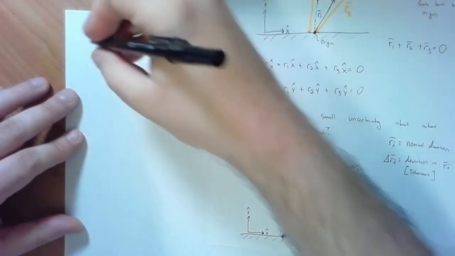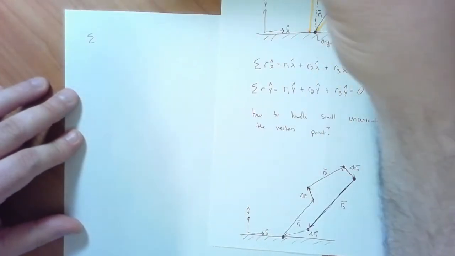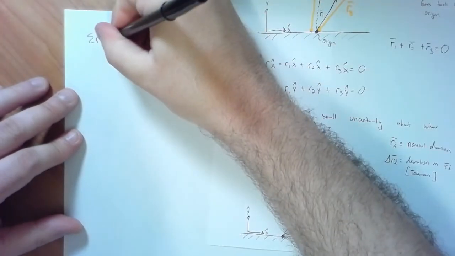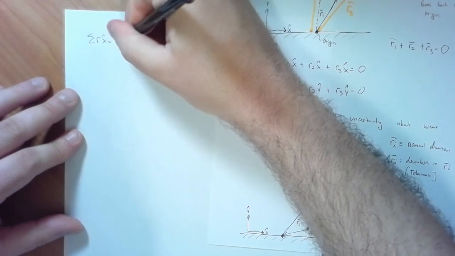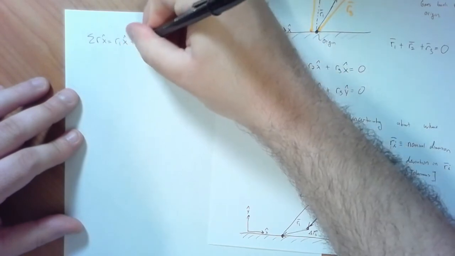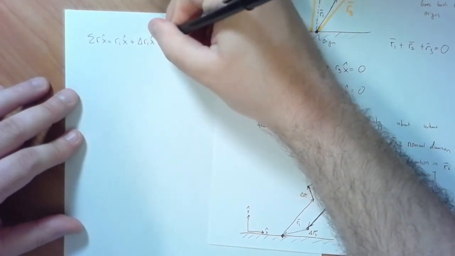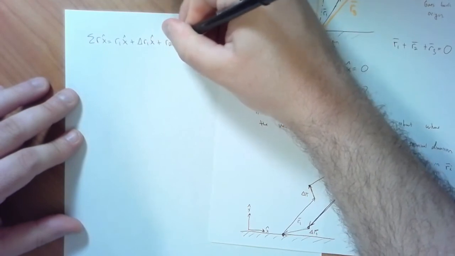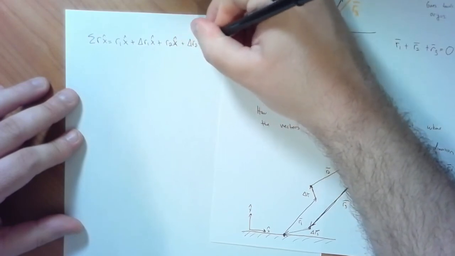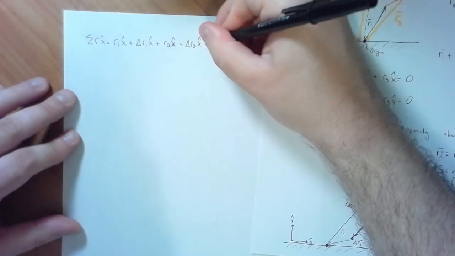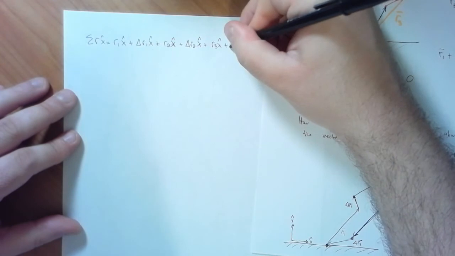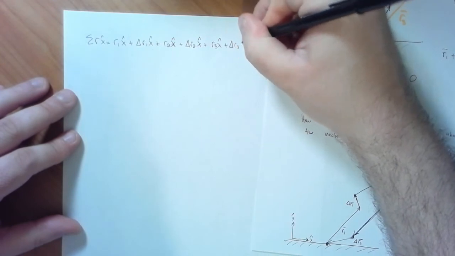So this is going to be the sum in the x hat direction for R, and it's going to be R1 in the x hat direction plus delta R1 in the x hat direction plus R2 in the x hat direction plus delta R2 in the x hat direction, and then the final term is going to be R3 in the x hat direction, and then plus delta R3 in the x hat direction.